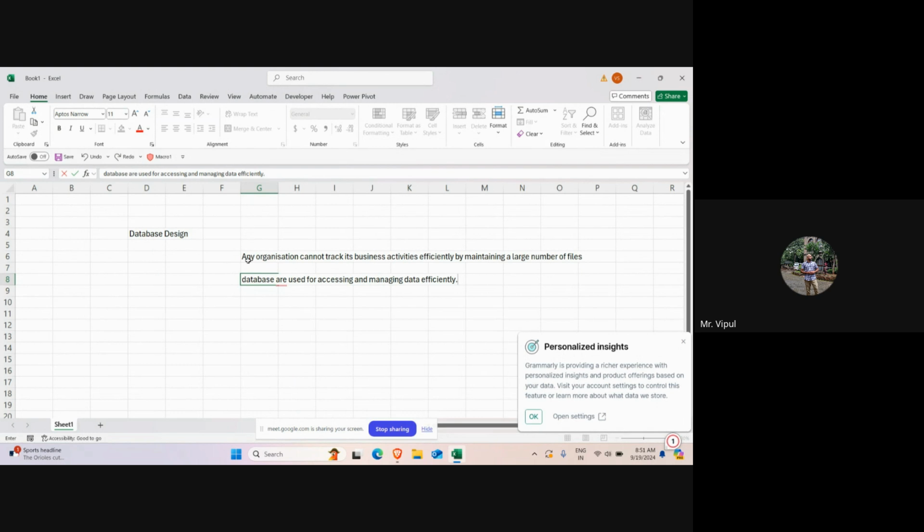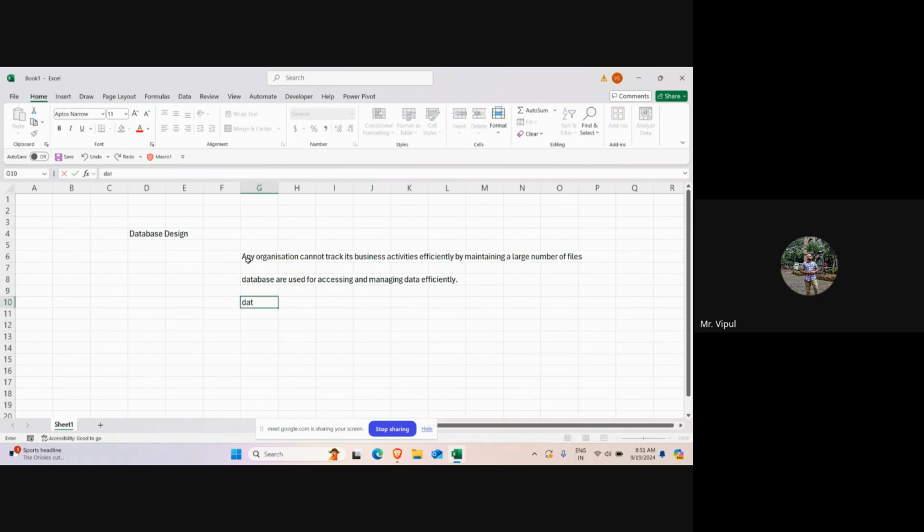Software known as DBMS, Database Management System, is used widely in the industry to analyze data easily, right?